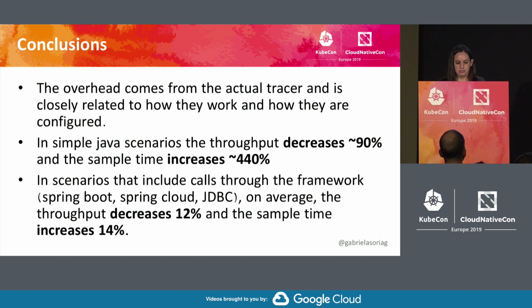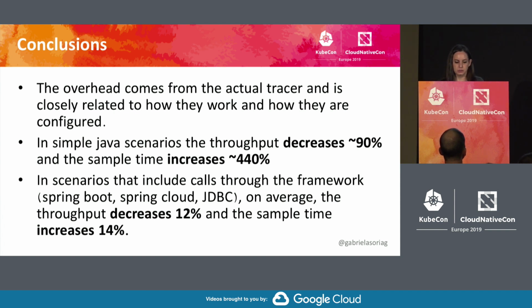In this case of the simple Java scenarios, it's not a real use case, and the overhead that we see here is indeed expected, and is a sign that our test is sane.